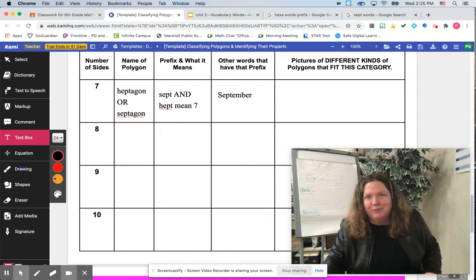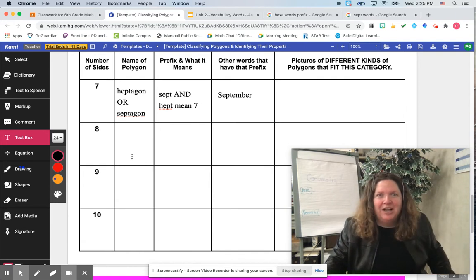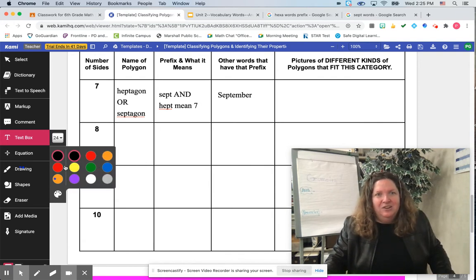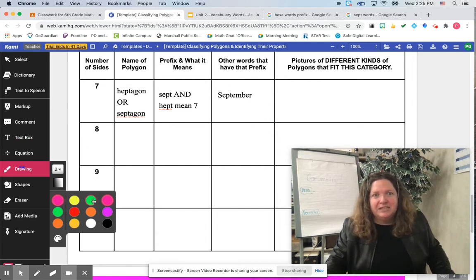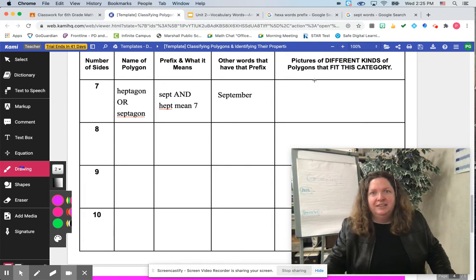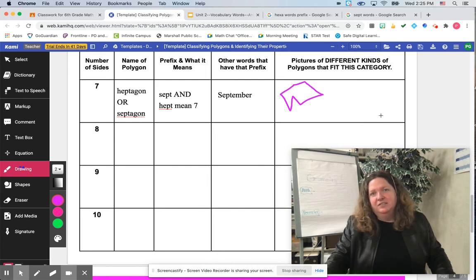Now, picture different kinds of polygons. Go ahead and draw your 7-sided one. Now, the harder these get, the harder it is for you to draw. Well, the harder it is for me to draw too. So we're just going to do our best trying to draw these 7-sided shapes. So there's 1, 2, 3, 4, 5, 6, 7. Right there. There's a 7-sided shape. 1, 2, 3, 4, 5, 6, 7.